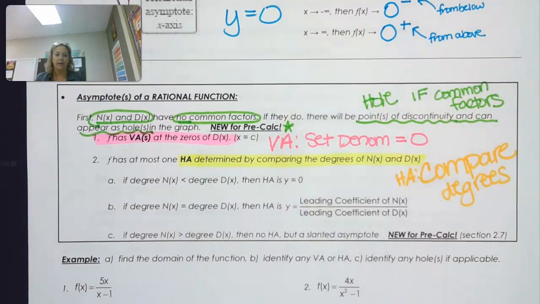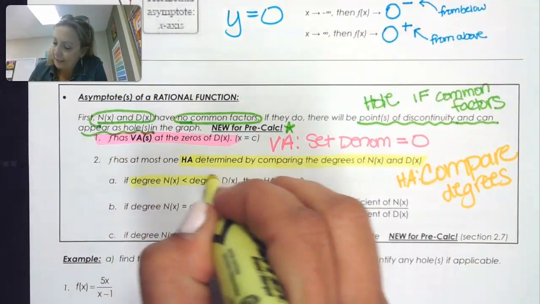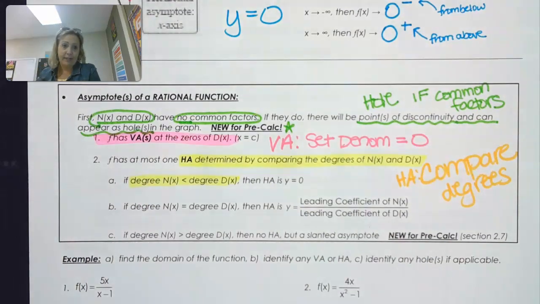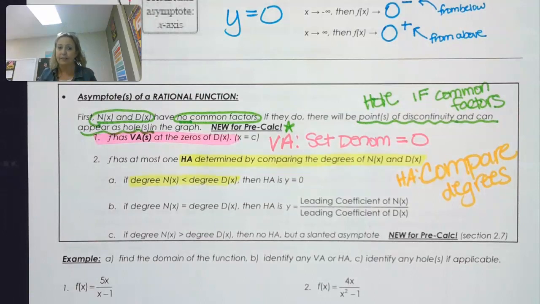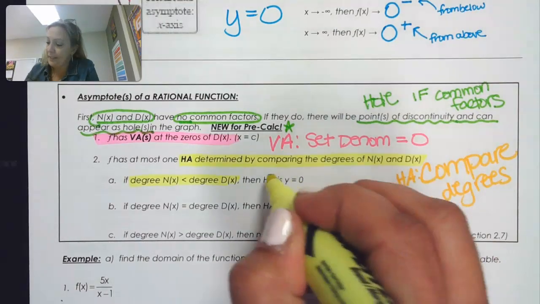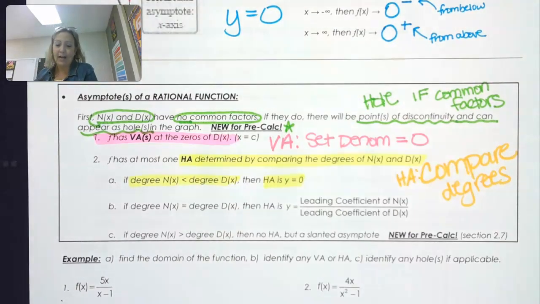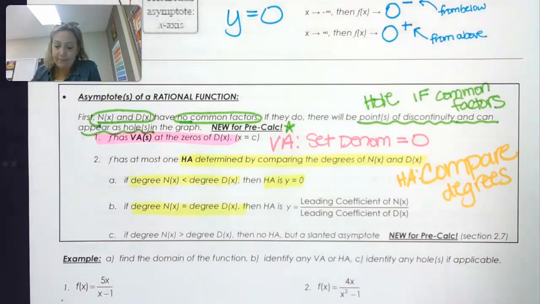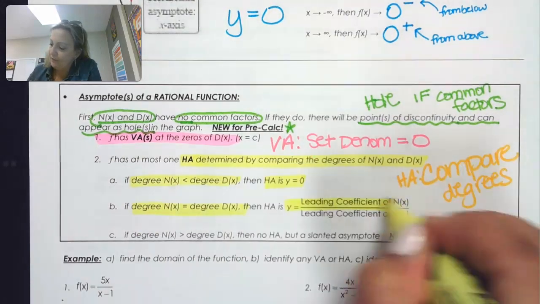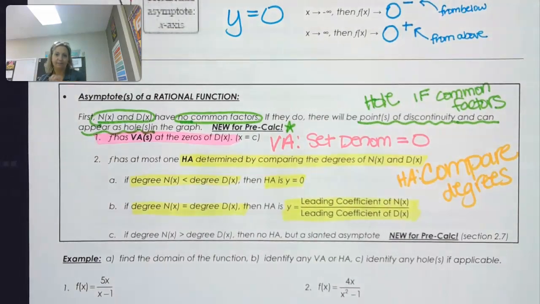So let's say that the degree of the numerator is less than the degree of the denominator. Remember, the degrees are the little exponents. Then that means the horizontal asymptote is y equals 0. If the degrees are the same, then what you do is you divide your leading coefficients.